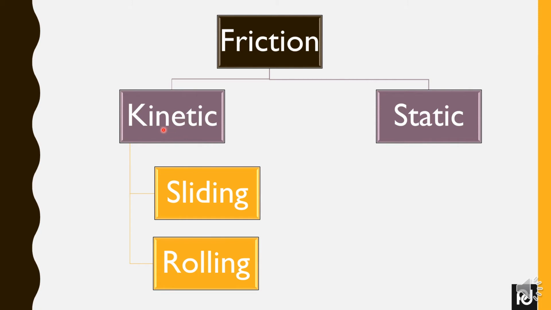So the kinetic friction will be of two types, sliding and rolling. Means whenever an object is in contact with another surface and it is moving, either it will be sliding on that surface or it will be rolling on that surface. So let us understand these types in detail.